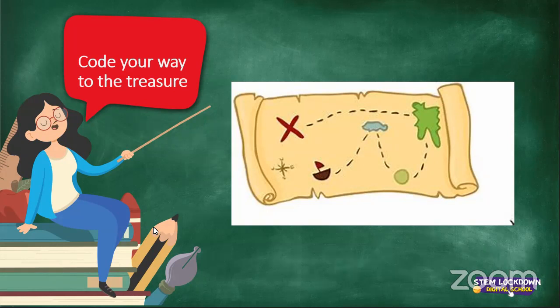Now we have these stripes on the paper that show us how many steps we need to follow. Does that make sense? If I had to tell the boat to go to the island or the rock, how many steps would I ask the boat to follow?